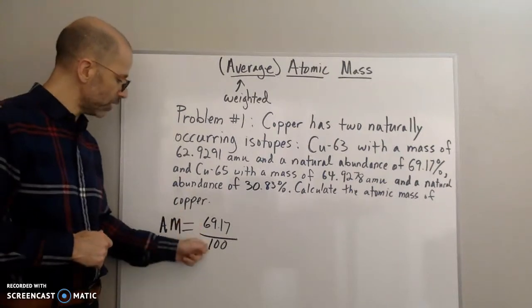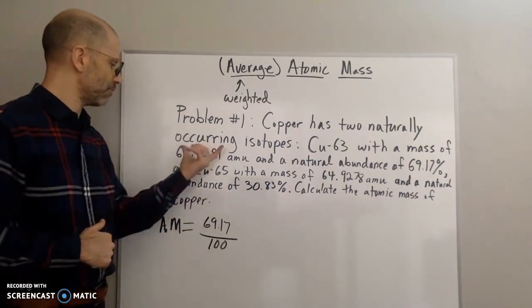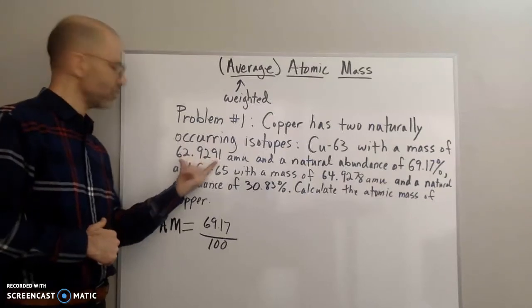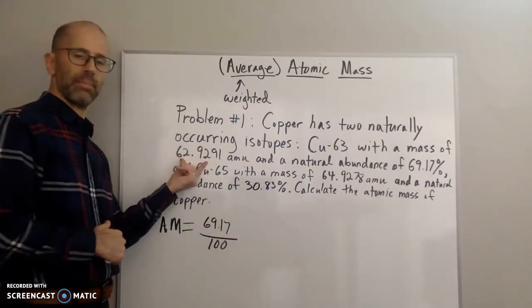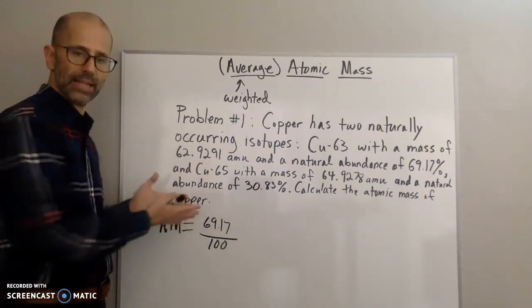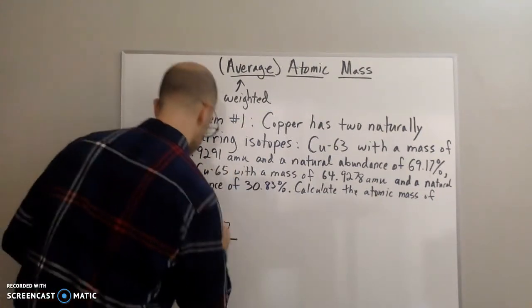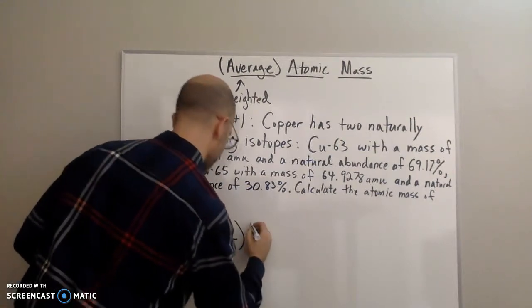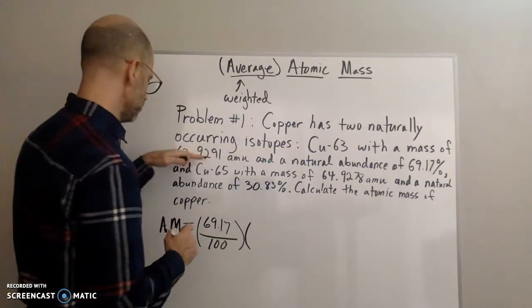So out of 100, 69.17 atoms are going to have this mass here. So I'm going to multiply this number out of 100 by the mass, and that's going to give us the total mass for that number of atoms out of 100. So multiply that by the mass of this particular atom.